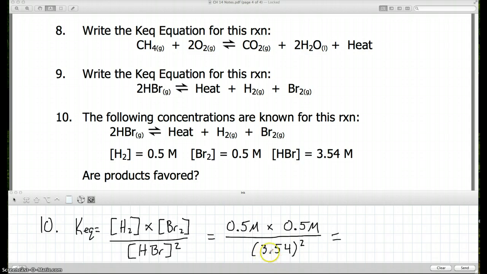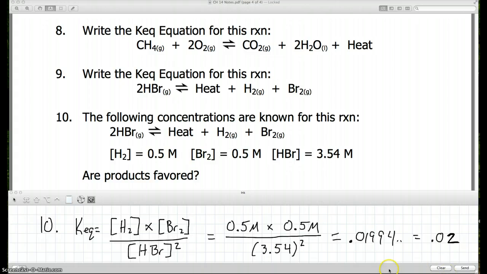And remember that the bottom here, HBr, is squared, so I do 3.54 squared on the bottom there. I do that math, and I get 0.01994, and it keeps going. For sig figs, I got 1 sig fig here, so I'm just going to do 1 sig fig, so 0.02. And that is a 2, not a Z. And no units, because this is a unitless number.